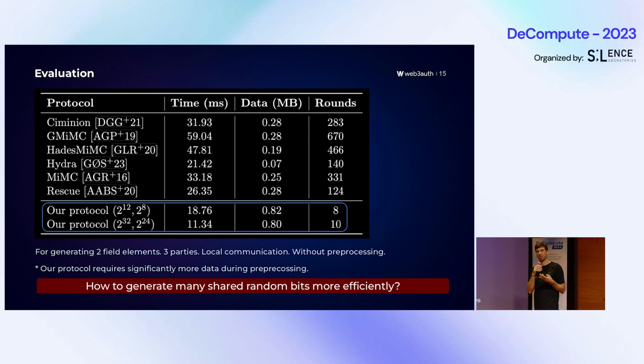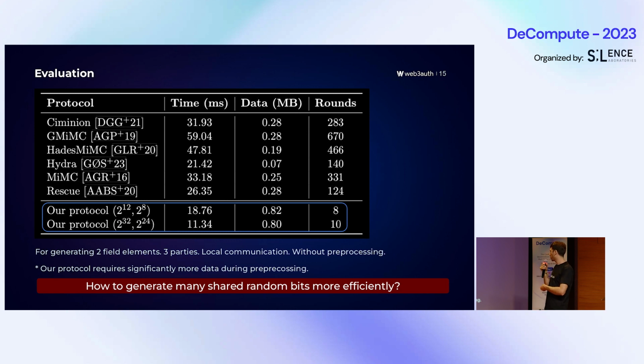So if you need a distributed PRF which runs in a small number of rounds, then I think looking at lattice-based constructions, or in particular this protocol, is quite nice. I should note that this is all without any network latency, so this is local communication.